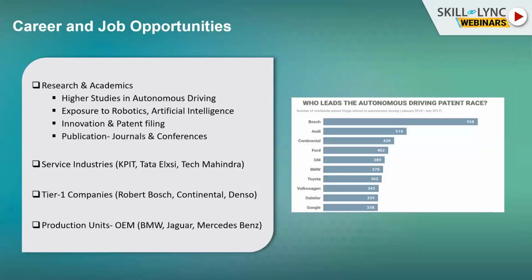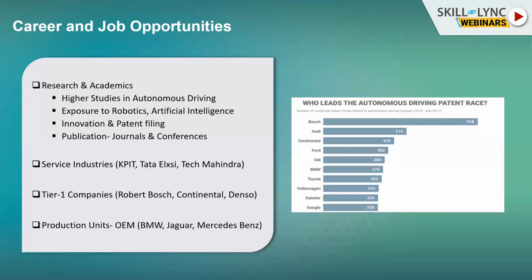Now comes the question of what the career and job opportunities are in autonomous driving in general, or in features such as collision avoidance. The autonomous driving domain is an emerging market. There are a lot of career and job opportunities, especially in research and academics.